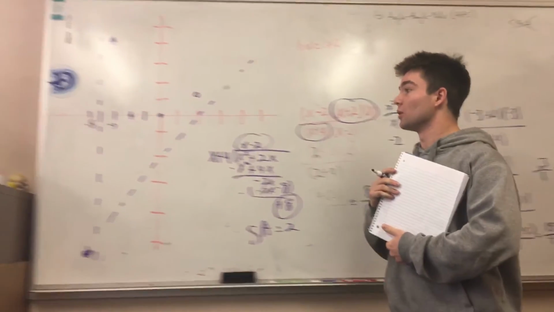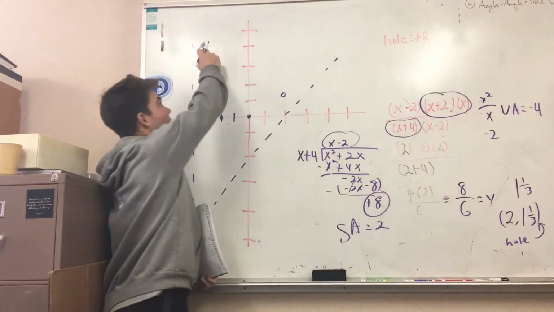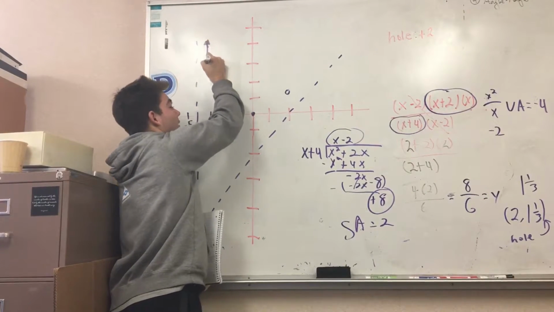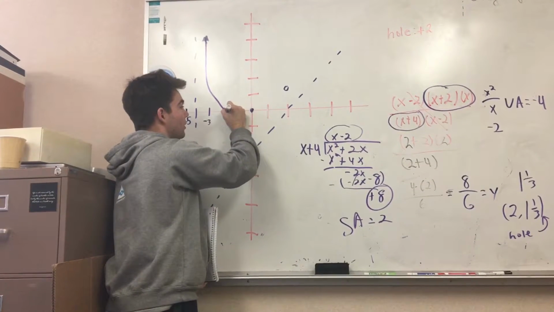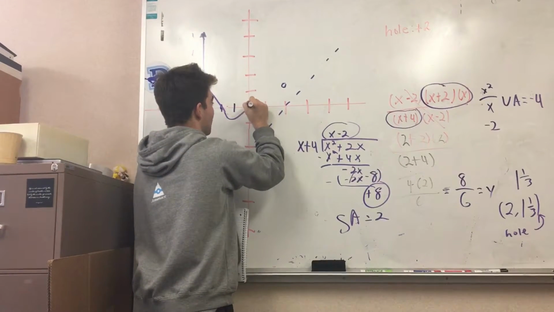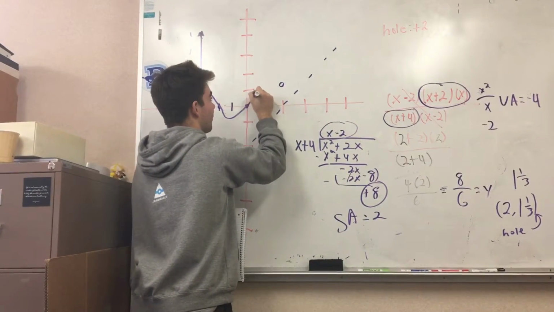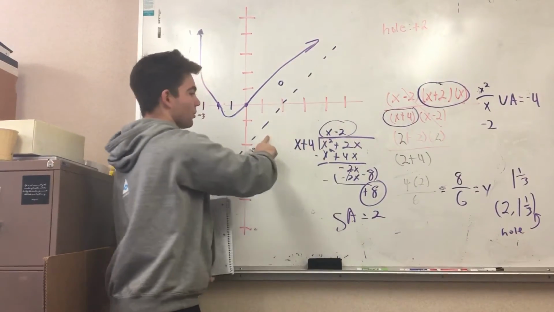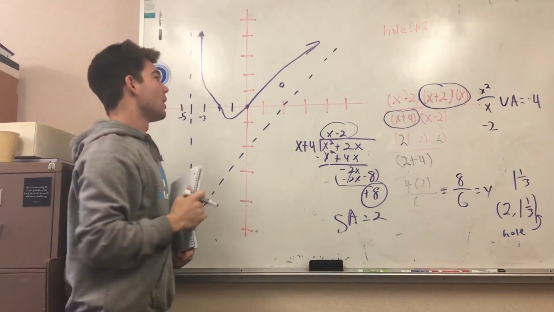So now what we're going to do is, since this is going to be going up, the way this is going to look is you bring your line down, has to go through -2, and then it's going to bounce back up through 0, and then it's going to follow our slope, or our slanted asymptote.